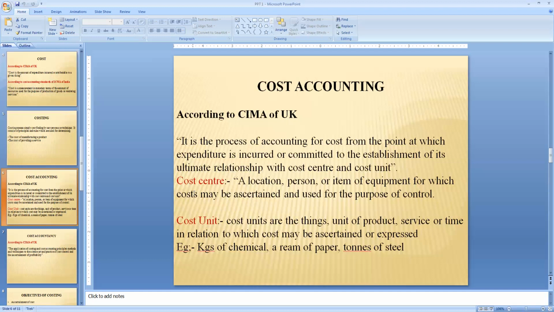For example, kgs of chemical: how many kgs of chemical are we going to purchase? If we purchase paper, how many reams of paper? If we purchase steel, how many tons of steel? Or 1000 bricks, and petrol is measured in liters. Based on those units, we ascertain the cost. That is called cost unit.